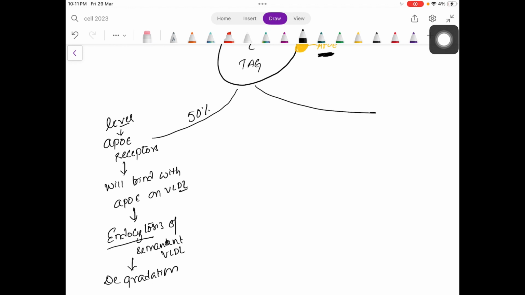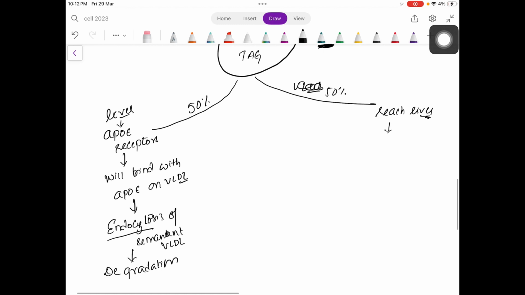Next, the remaining half of VLDL, this is the remaining 50%, they will reach the liver, and these ApoE receptors will bind to the liver.